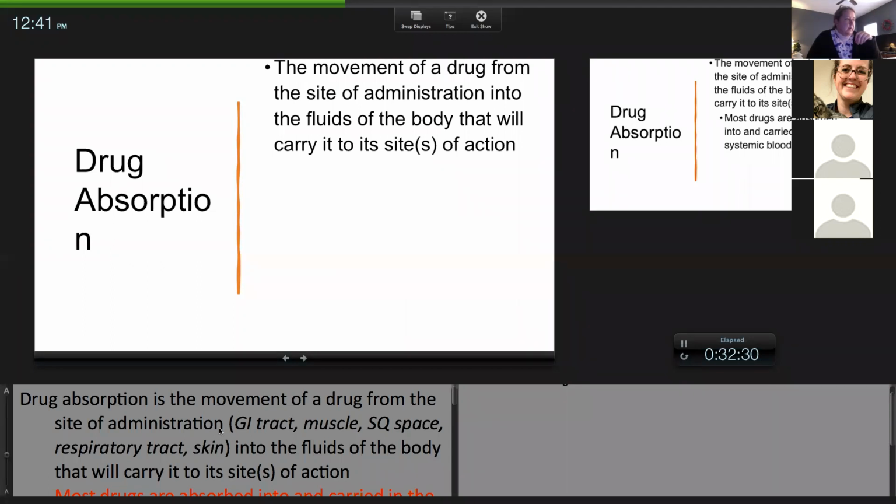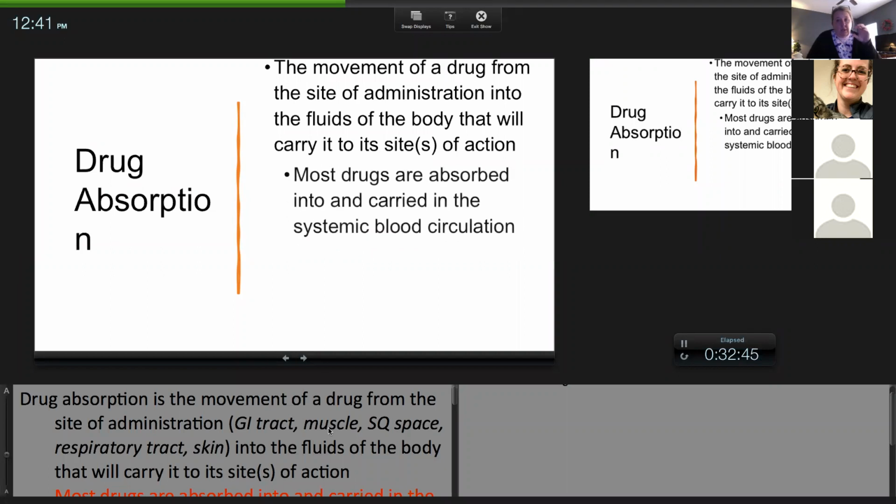But if you're giving it through the GI tract, I've told you everything you have to go through. If you give it through the muscle, there's a lot of blood supply to the muscle, so it's easier for drugs in the muscle to get to the area.